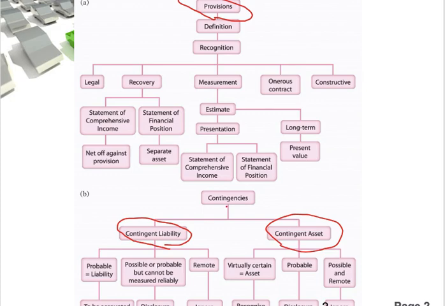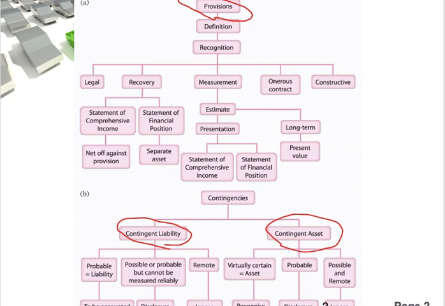As a brief, provision and contingent liability fall under the big topic of liability. However, not all liability can be shown in the financial statement. When I say financial statement, it means that not all liability should be accounted for in the SOPL or SOP. Some of the liability is just needed to be disclosed in the notes to the account.